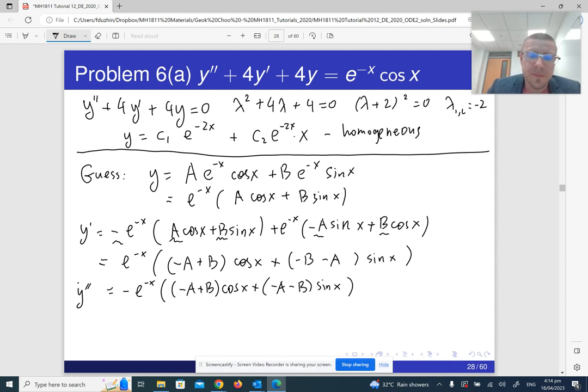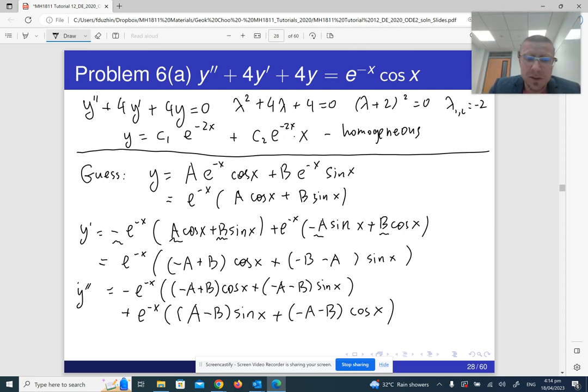Now plus e to the minus x times the derivative of the second term. When we differentiate cosine x, we get minus sine x, so instead of minus a plus b, we will get a minus b sine x, plus minus a minus b cosine x.